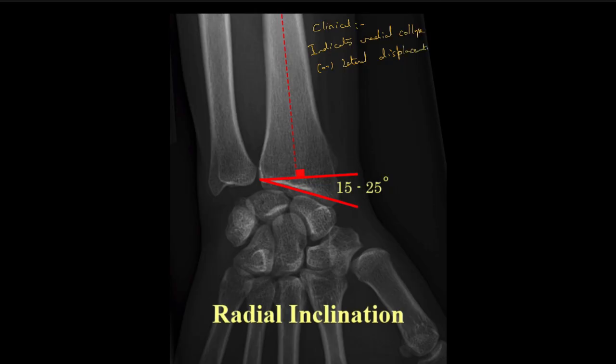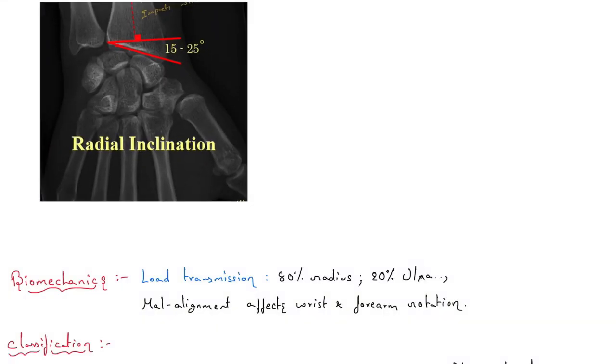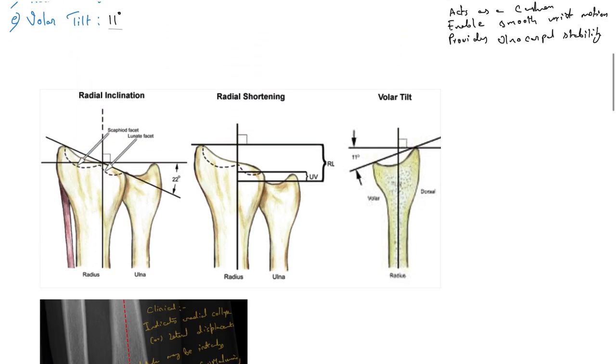Okay, that reduced angle may indicate malalignment or malunion. Mostly it impacts wrist biomechanics in movements and range of motion. So this is very important for diagnosing fractures and interpreting the X-ray.